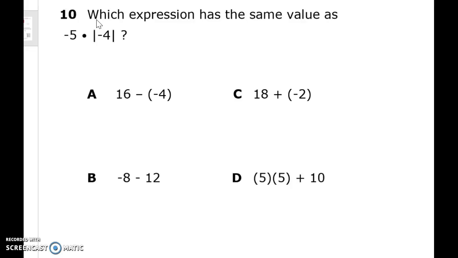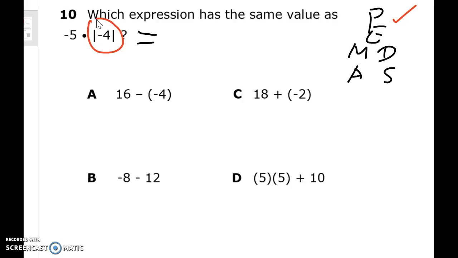So first, what is -5 times the absolute value of -4? As we know, when we talk about PEMDAS, we always need to look for the group sign. Do we have a group sign here? As Ms. Lu talked about in the notes, absolute value is a group sign. That's an operation we need to do first.